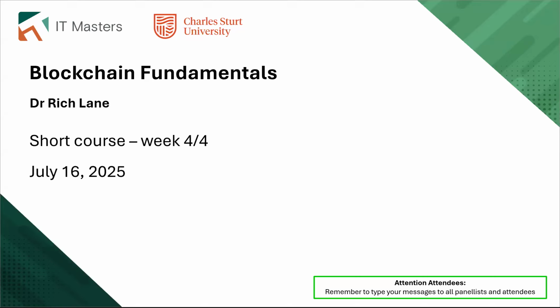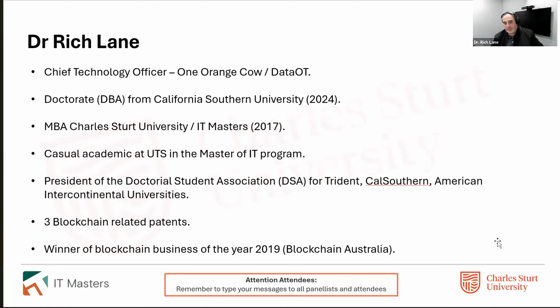So I'm going to introduce myself. My name is Richard Lane, Rich Lane. I'm currently the Chief Technology Officer at two companies, Orange Cow and DataIT. As stated, I did my MBA at Charleston and IT Masters. I actually started my whole, let's just say tertiary education based on a short course.